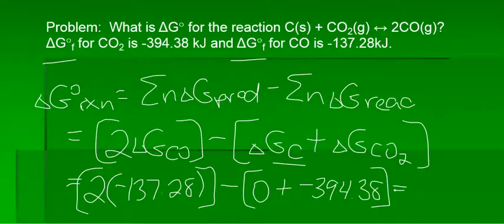Keep track of your signs, your positives and negatives. Delta G for the reaction, positive 119.82 kilojoules. And again, it's positive. That tells me the reaction is non-spontaneous as written.